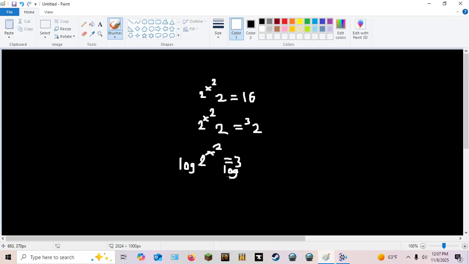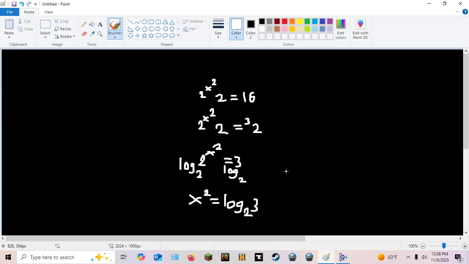If it was a base operation, it would be radicals. So I take the logarithm on both sides. Log base 2 on both sides, I forgot. And then the 2's will cancel, giving us x squared is equal to log base 2 of 3.